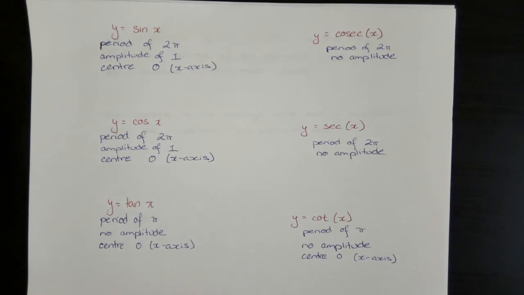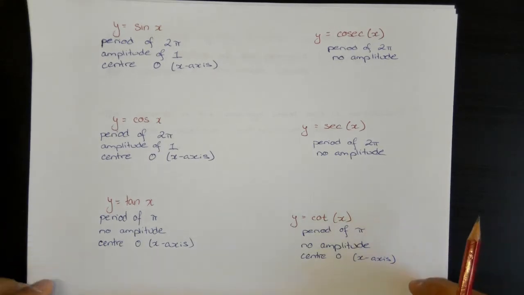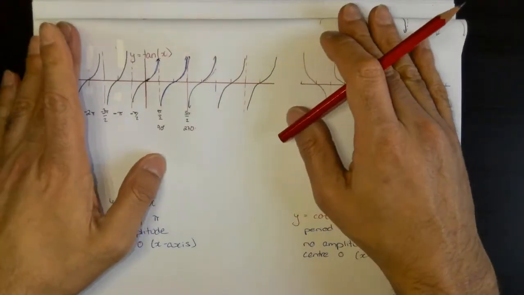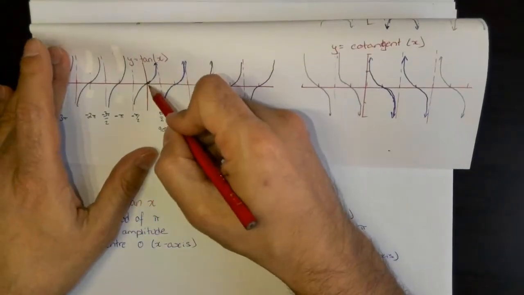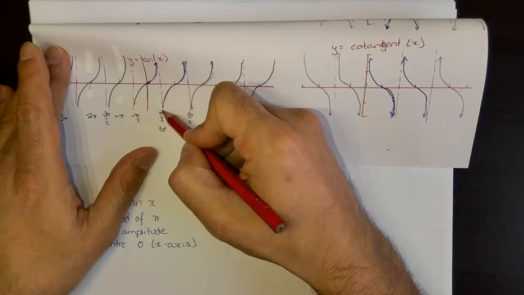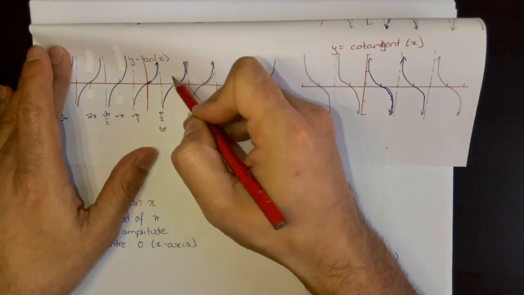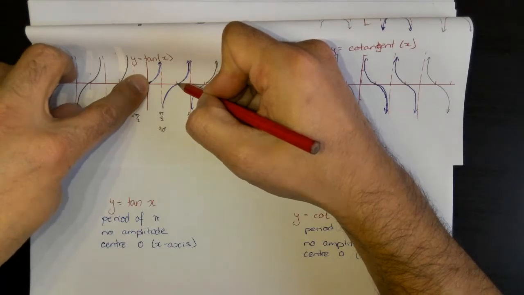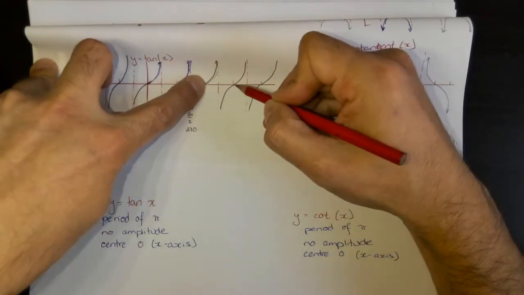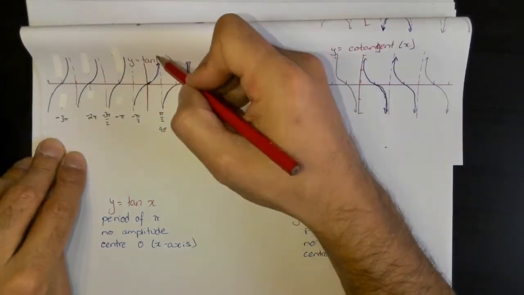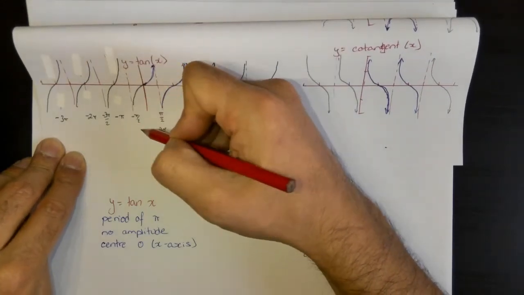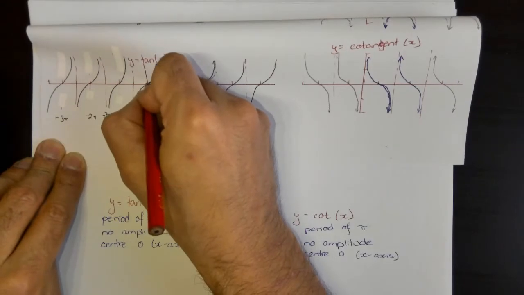Tan is slightly different. Tan has a period of pi. If we look at it from 0 to pi, that repeats. It has no amplitude because it goes to infinity and negative infinity, but it does have a center of 0.